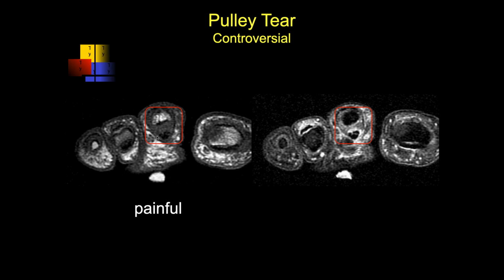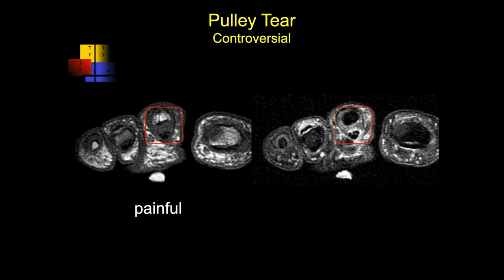You fuse the toes, then you transfer tendons, and so on. There are many different procedures to take care of the foot. It's amazing how many have appeared since I've stopped doing surgery.